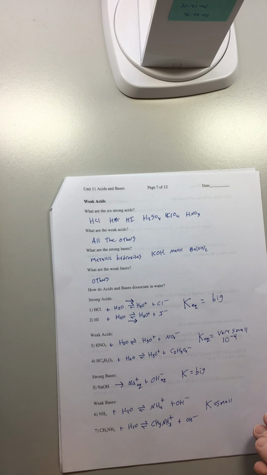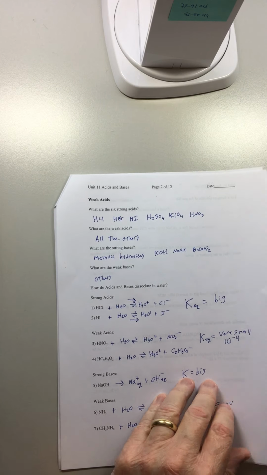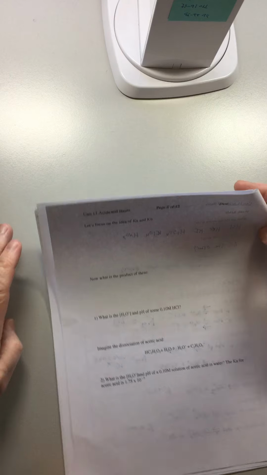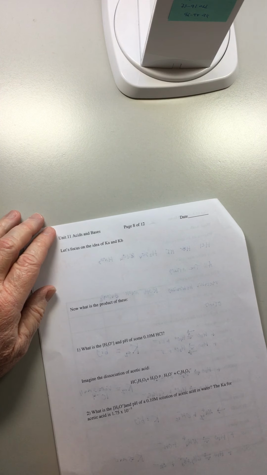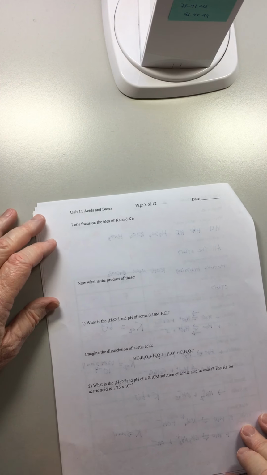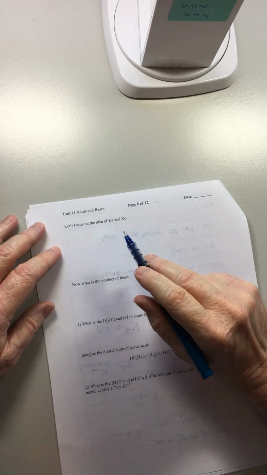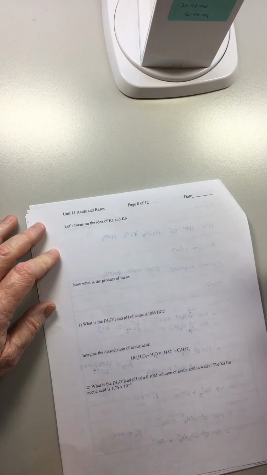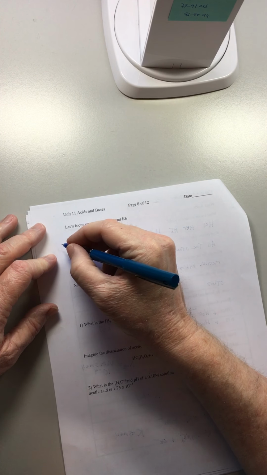Pause if necessary to get stuff copied down. I'm going to go on to page number 8. Okay, so what we want to do here is look at the relationship between Ka, which would be the equilibrium constant for an acid, and Kb, which would be for a base.